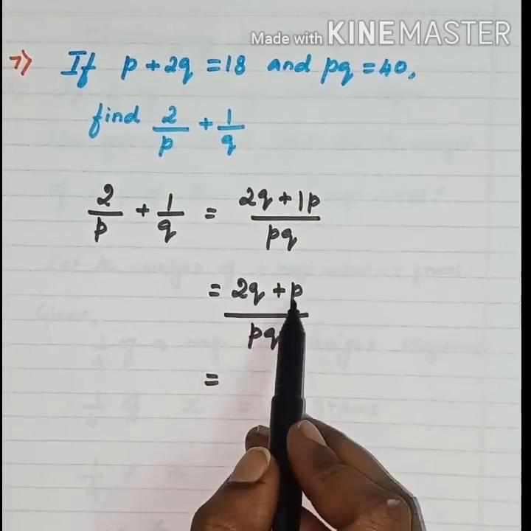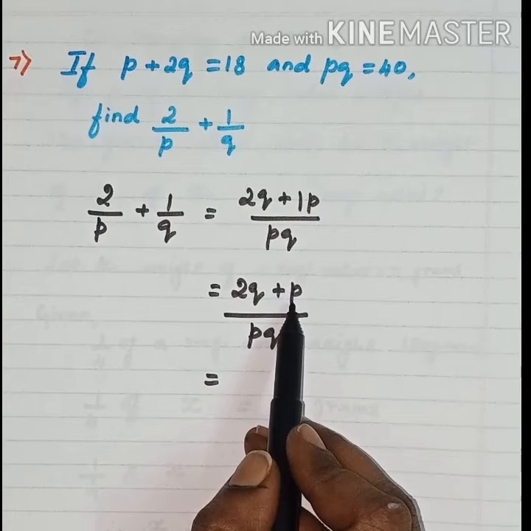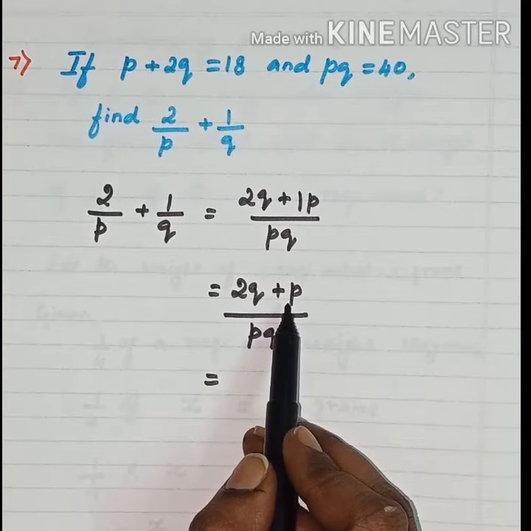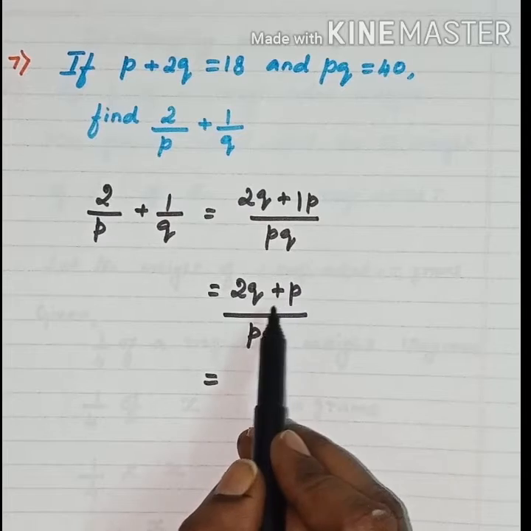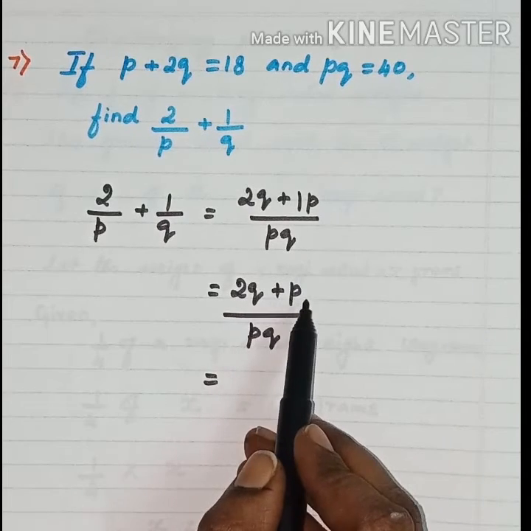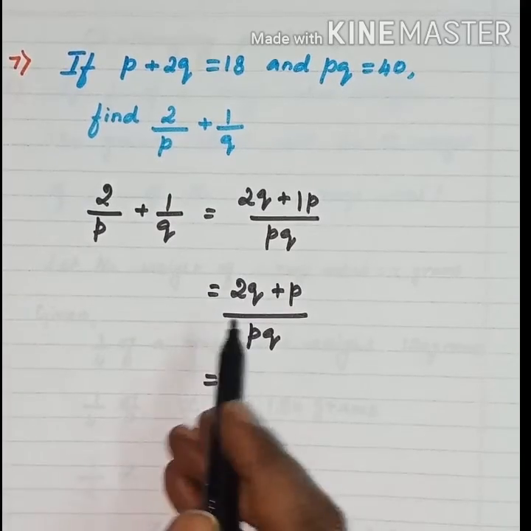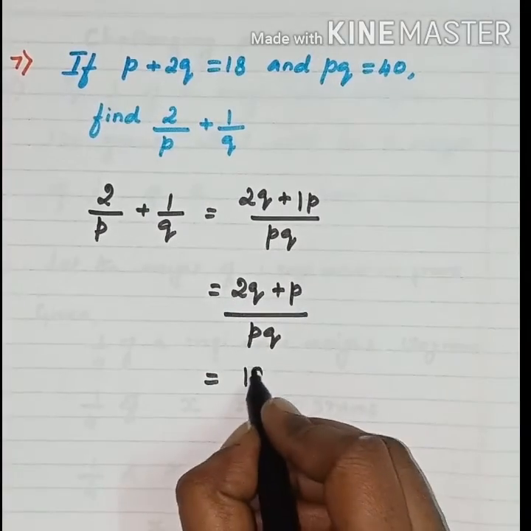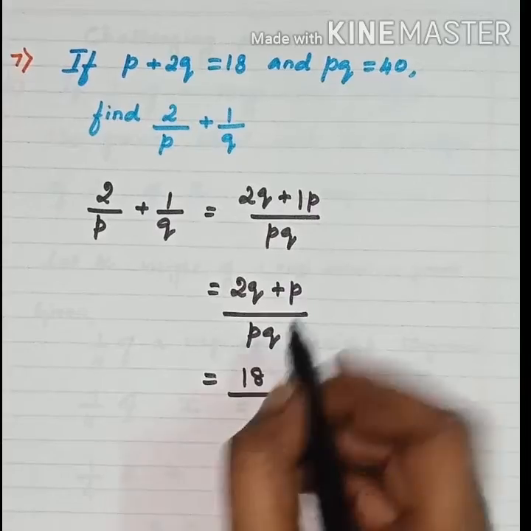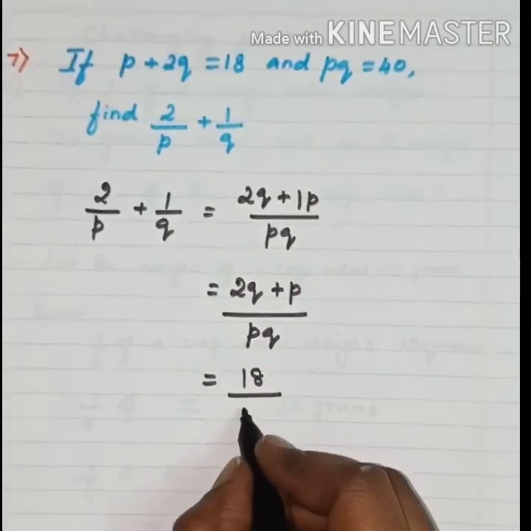The order of the number is changed. Here we can use commutative property. P plus 2Q is equal to 2Q plus P. That is 18 by PQ is nothing but 40.